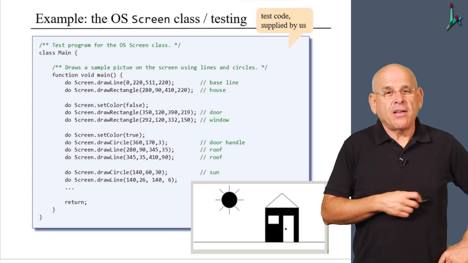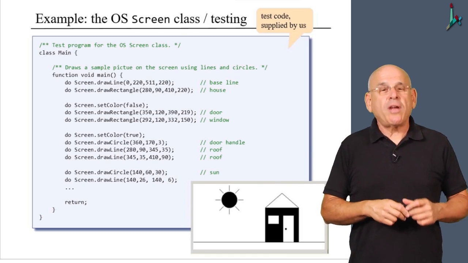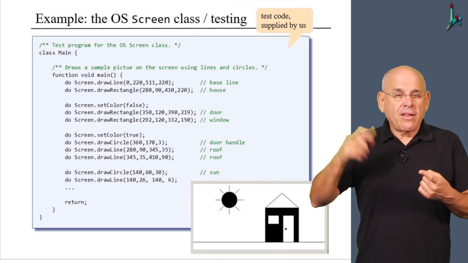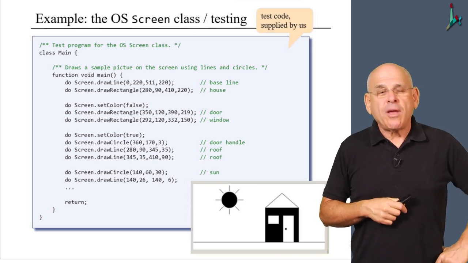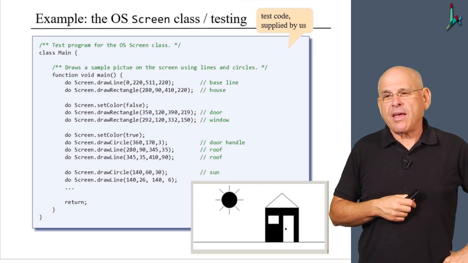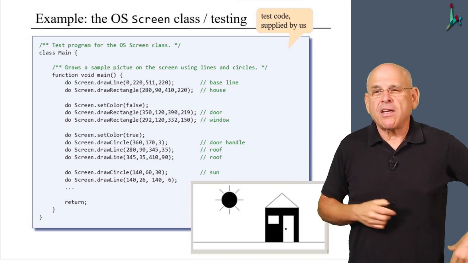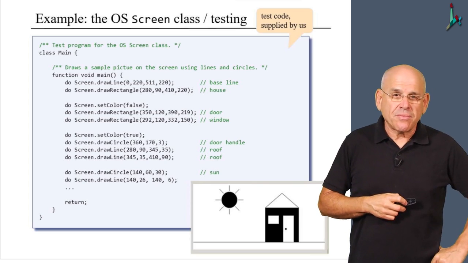Some simple picture, which is designed to demonstrate that your screen class is well behaving. So we're going to provide the stub file and the test file, and it's your job to implement the stub file and bring it to a level that it can service the test file to your and our satisfaction.